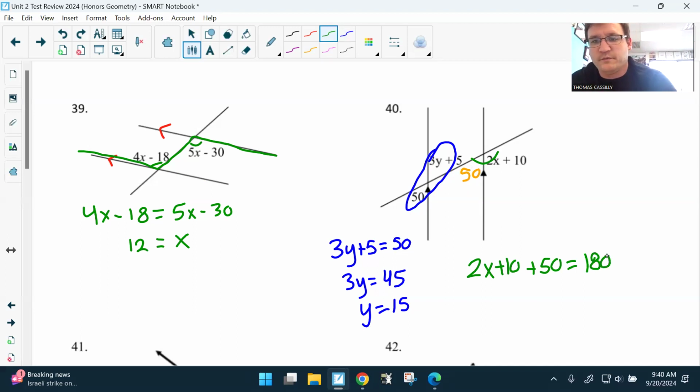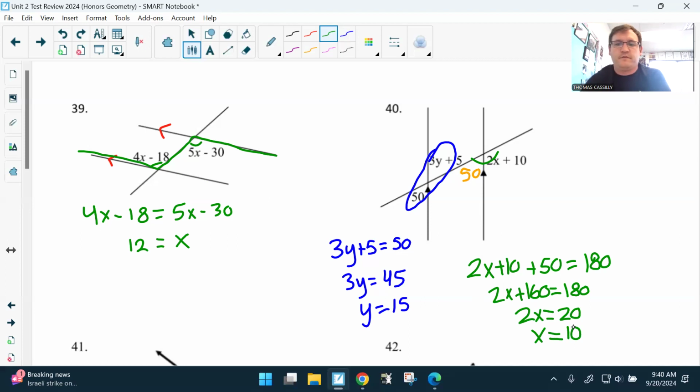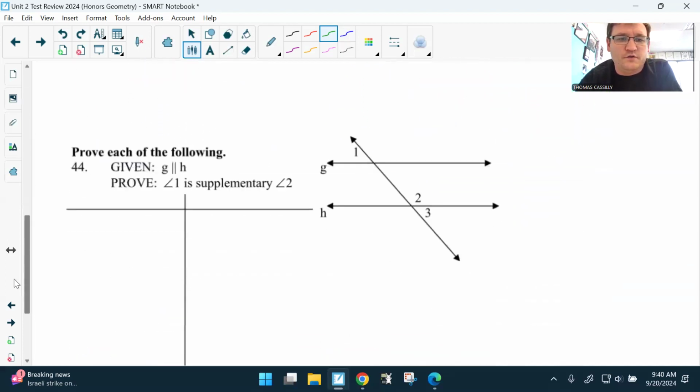And then solve from there. So we're going to have 2x plus 60 equals 180. Subtract your 60 over, 2x is going to equal 120. That means just 1x equals 60. And that one's done. On to the next one.